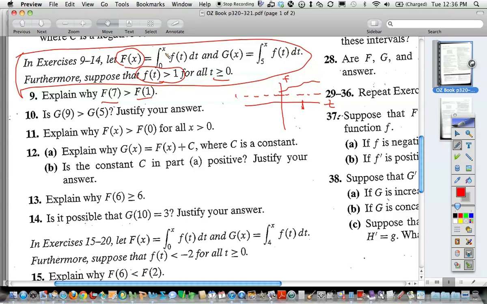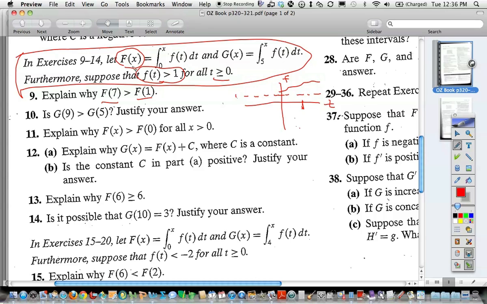Because this is something on the AP test they're going to want to see, you're going to need to make that connection. If we pulled out some of those old packets and looked at some of the free response questions, the ones we didn't do, you'd see a bunch of them that have these area function problems written here. They're pretty common. As soon as you see that, that is not automatic that that's the antiderivative. You have to show them that you know that.